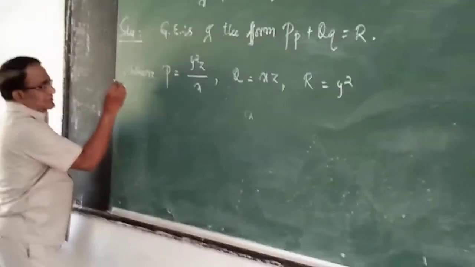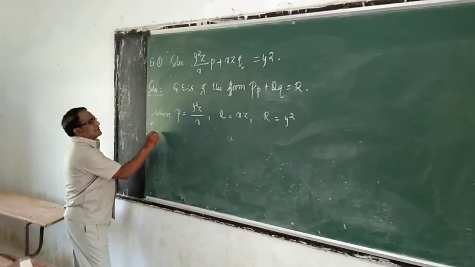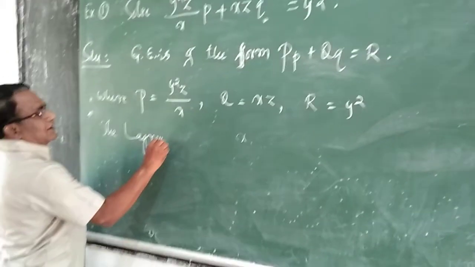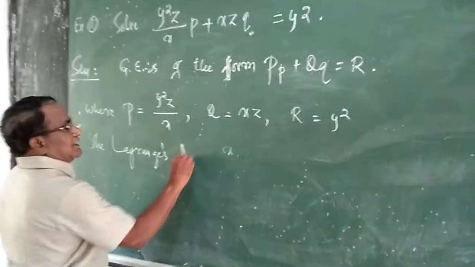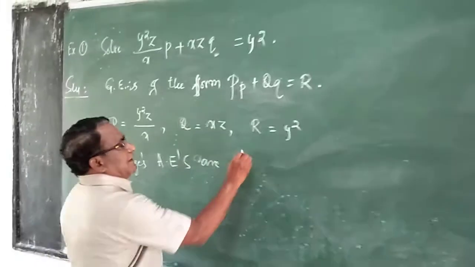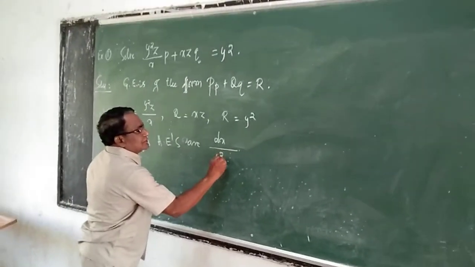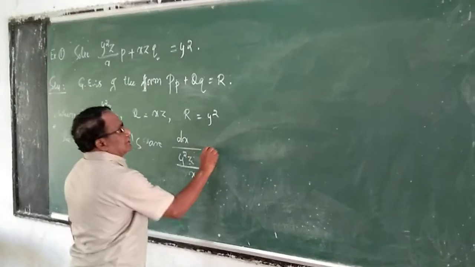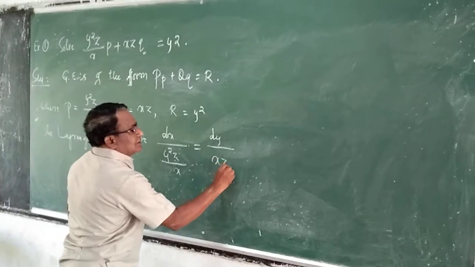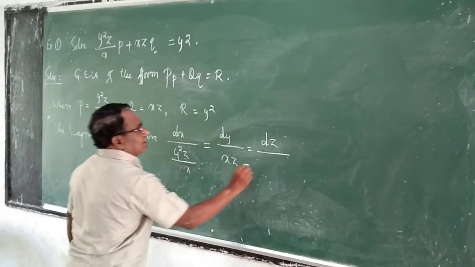So your first step to solve these equations is to write down the Lagrange's auxiliary equations. The Lagrange's auxiliary equations are dx by P, that means y squared z by x, is equal to dy by Q, that is x z, is equal to dz by R, that is y squared.